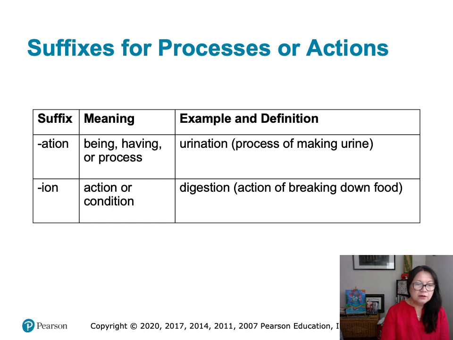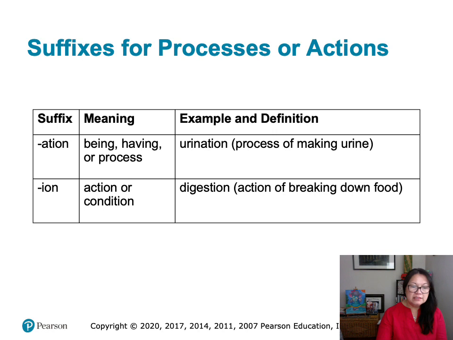The second category of suffixes consists of suffixes for a process. All of these suffixes indicate a process or action of some type. For example, the suffix -ation means being, having, or process. It fits with many combining forms, including the combining form urine-o to make the word urination, which means process of making urine.